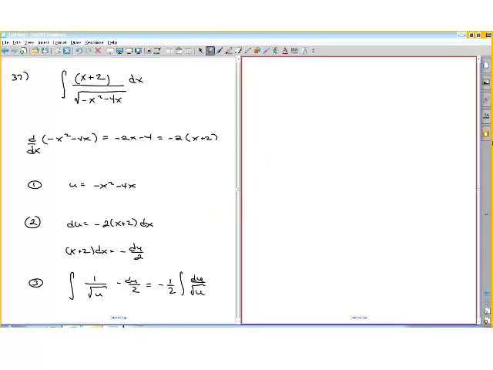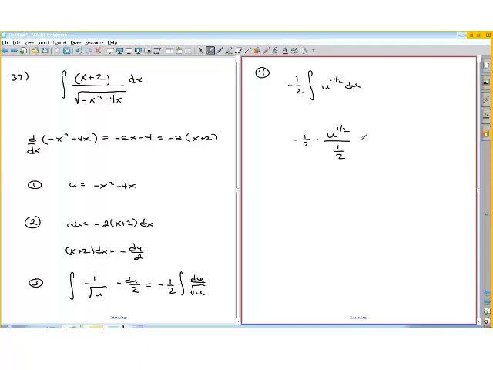So step 4 is integrate. So we have minus 1/2 the integral of u to the minus 1/2 du. What I did is I rewrote this as u to the 1/2 and moved it to the numerator. So when I integrate this, I add 1 to the exponent, so I get u to the positive 1/2.